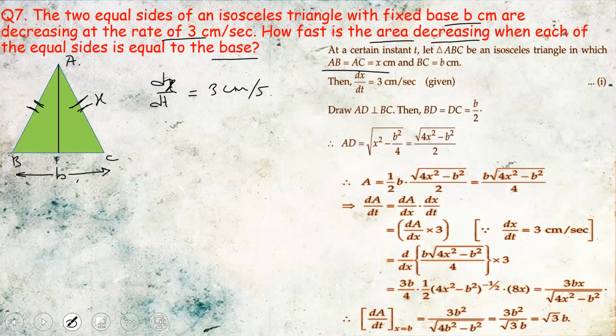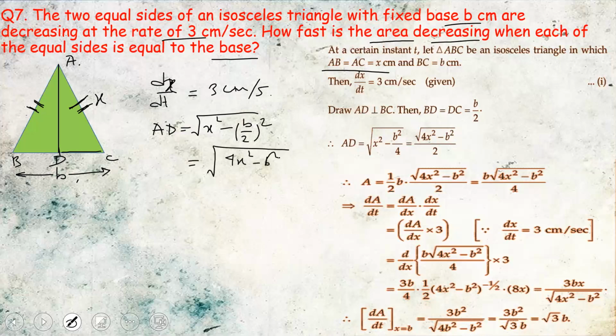So if I take this point as D, then find first AD, that is root over x square minus B by 2 the whole square. Since this is B, the half of it is B by 2. So this value will come root over 4x square minus B square by 4.